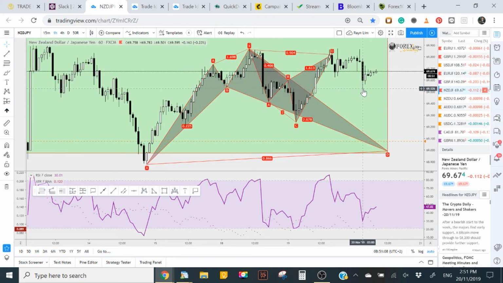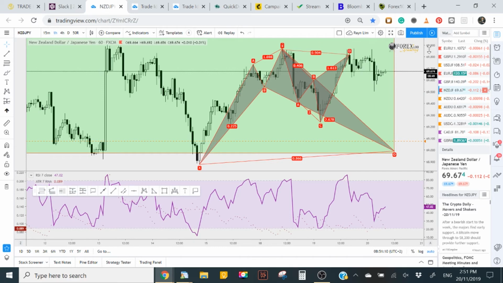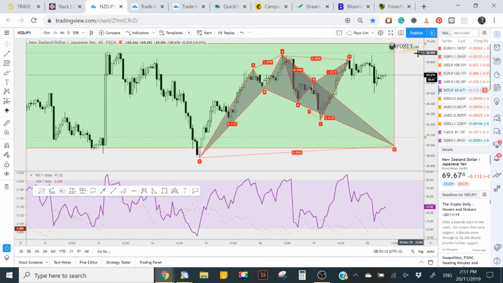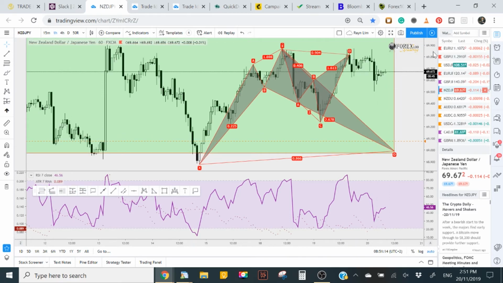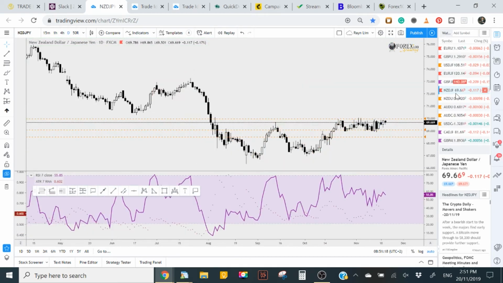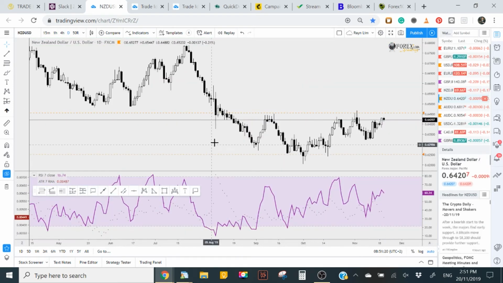Alright, because this green box is a sideways consolidation, one of the programs that I teach in my other courses. Alright, that's New Zealand yen. Down to the next pair, New Zealand dollar. New Zealand dollar on the daily chart, bearish movement, break and close below the low. These are the signals that show you it's a potential shark pattern coming up. Consolidation again.